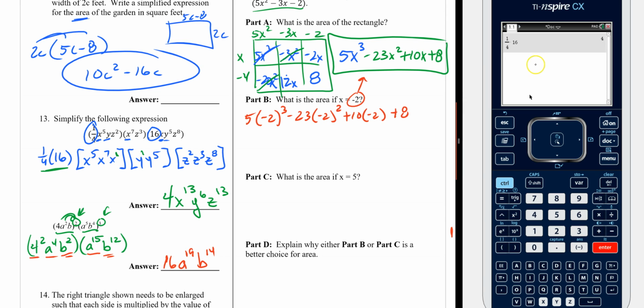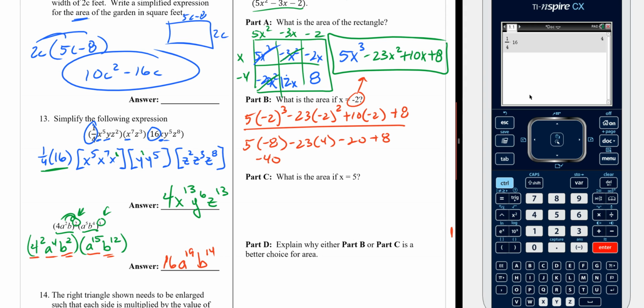I was going to use the calculator, but it said it doesn't want to work. So we'll do this by hand, but you could just plug this whole thing into the calculator with parentheses and everything, and it'll give you the answer. I'm going to do it real quick. I'm going to get 5 times negative 8 minus 23 times 4 minus 20 plus 8.